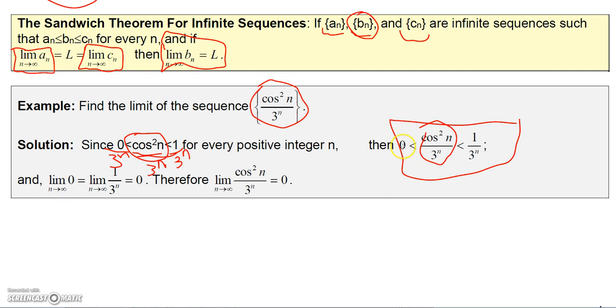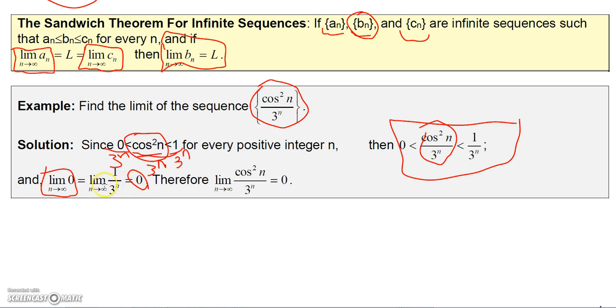Now one sequence is not a very exciting sequence, it's just 0, so that would just be 0, 0, 0, 0. So the limit of 0 is just going to go to 0 because all the terms are going to be 0. But here the limit of 1 over 3 to the n, this particular sequence, goes to 0 because the top remains constant and the denominator increases without bound.